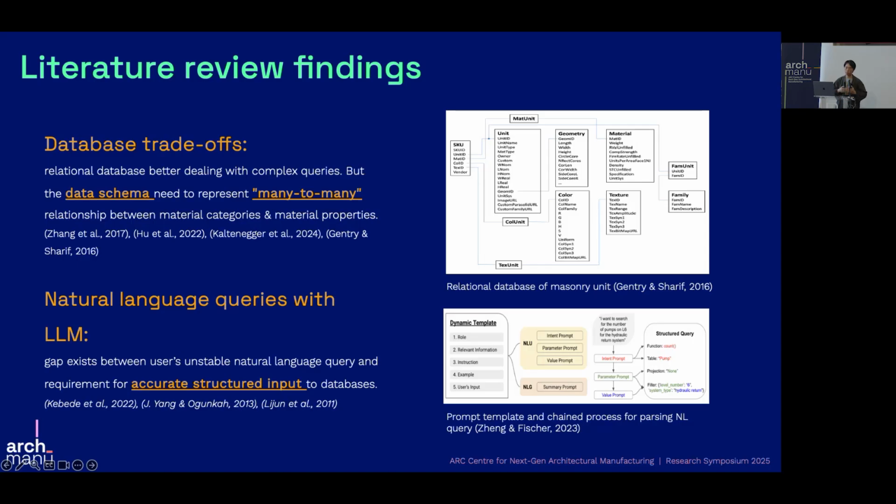With the recent development of large language model enhanced agents, users' natural language can be transformed into database query language, but there are still gaps between the user's unstructured and unstable natural language and the requirement for accurate and structured input to the database.